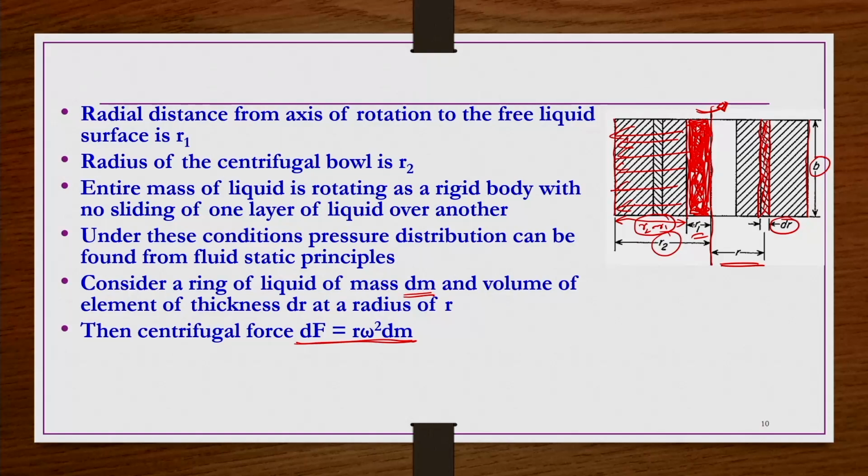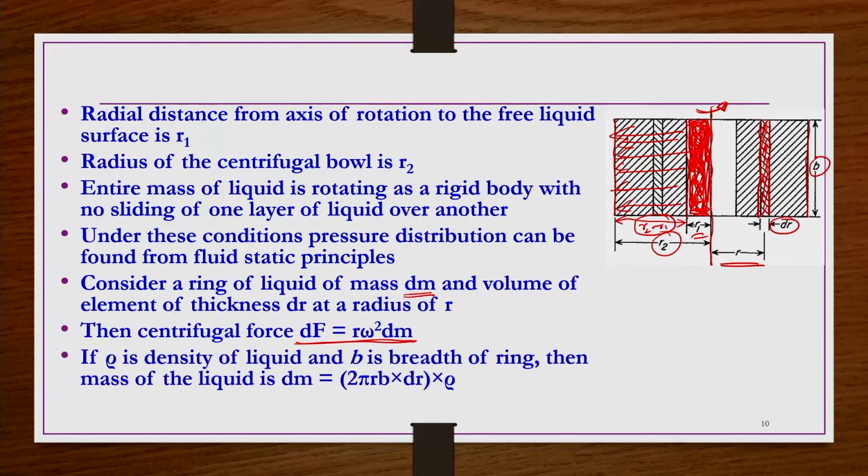So, the centrifugal force dF equals r omega square dm, but if the density of the liquid is constant and the breadth or height of the ring is the same as the height of the bowl, b, then the mass of the liquid dm is the volume of that ring multiplied by the density.